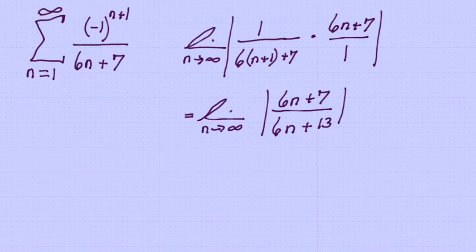As we send n to infinity, if you want, you can use L'Hopital's rule. Taking the derivative of the top, you get 6. Taking the derivative of the bottom, you get 6. So this is equal to 1, which is not bigger than 1 or smaller than 1, so we know nothing.